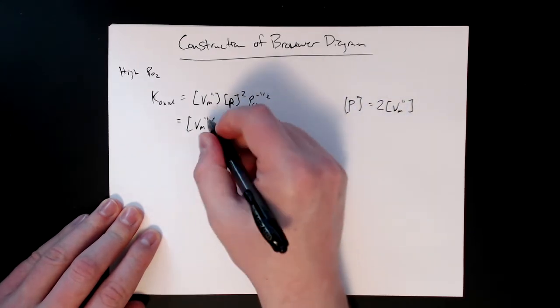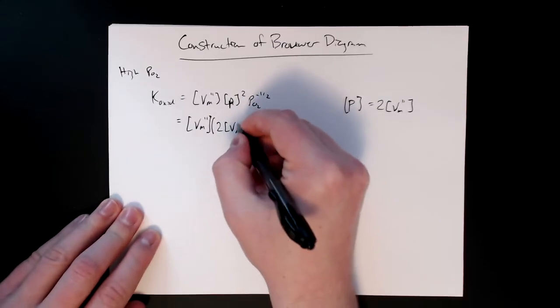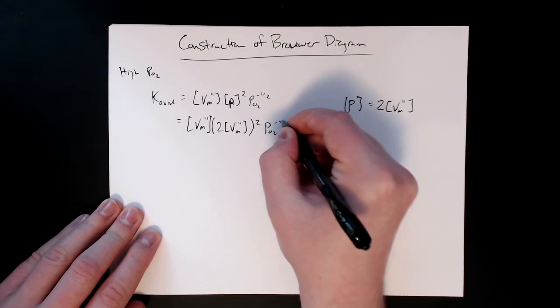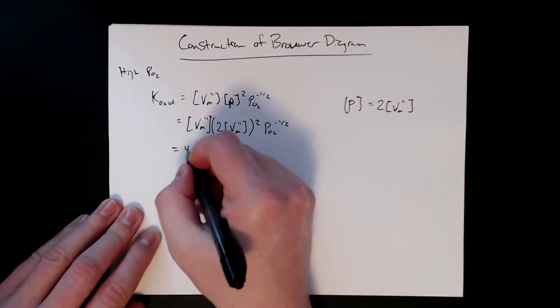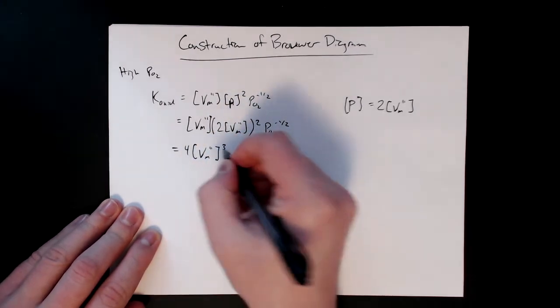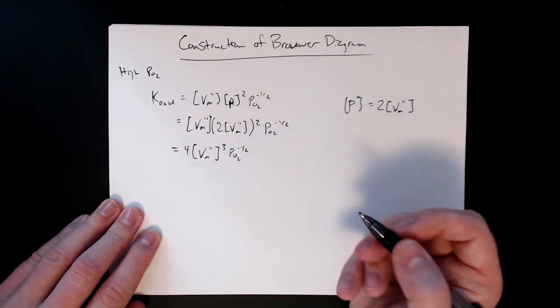And again, it will look similar to what we did before, only we'll have metal vacancies, and that will all be squared. And if we incorporate that, that'll be 4 times the metal vacancy concentration cubed, PO2 to the minus 1/2.